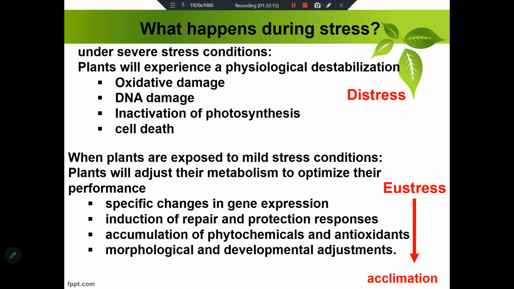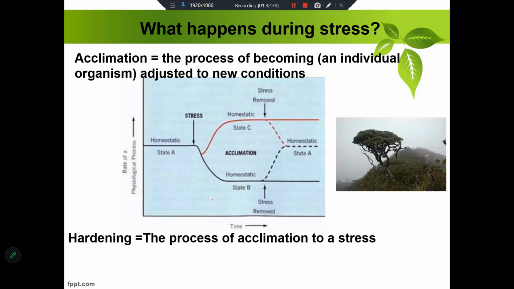But in biology, acclimation and adaptation have two different meanings. I will explain those two meanings later. So eustress will lead to acclimation of plants.